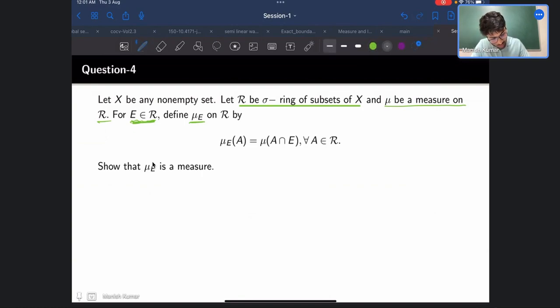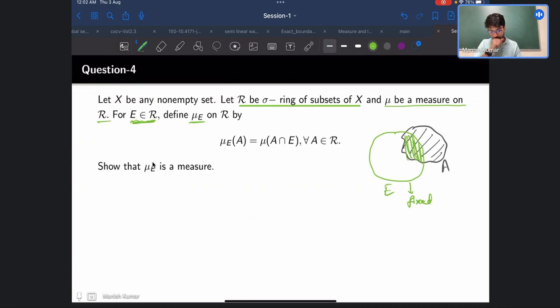Okay, so suppose this is your set A. With mu you have the measure equal to this thing, but with mu E, suppose this is your E, which was fixed. So mu E of A will be just this part.